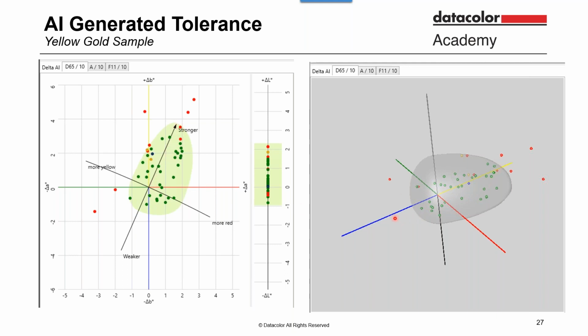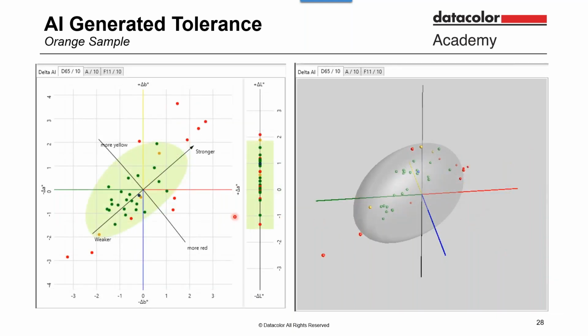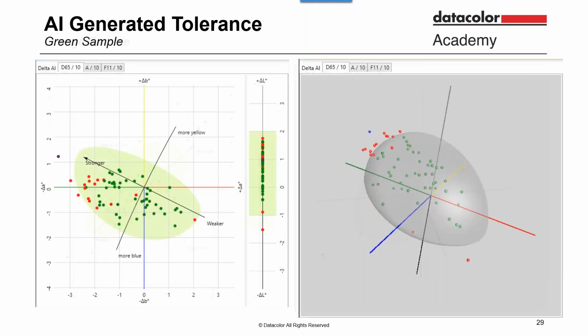Here's a 3D representation of that color. Here's an orange sample. Again, this is the hue line and showing you what it looks like. And this is a 3D representation. And here's a green sample. And this approach is good if you have historical samples.